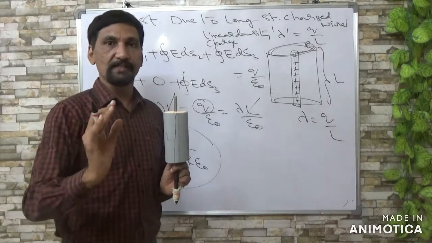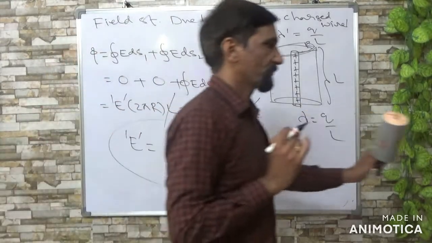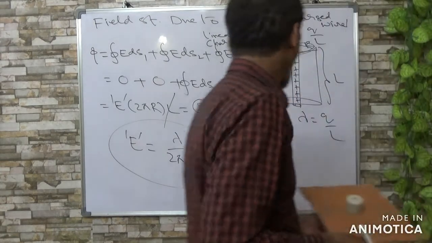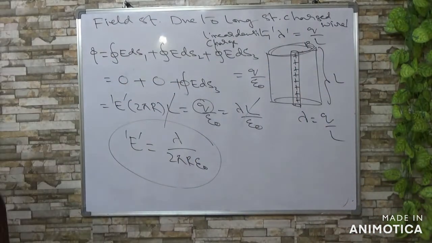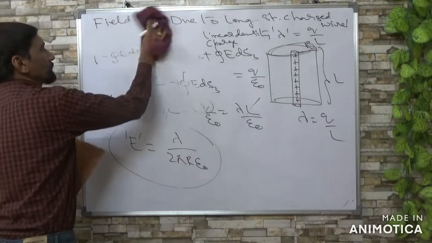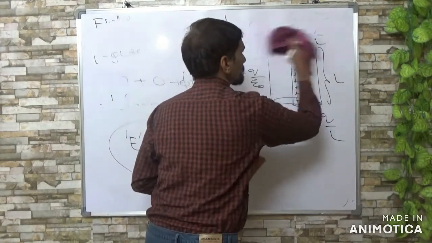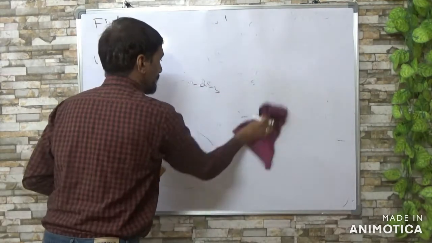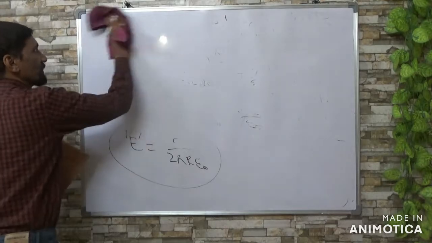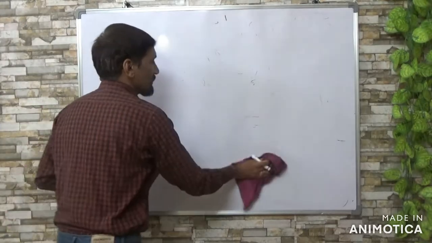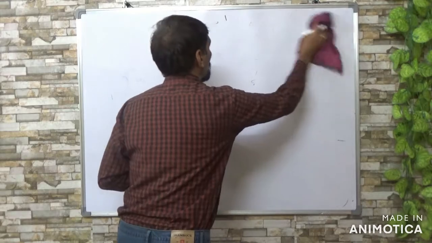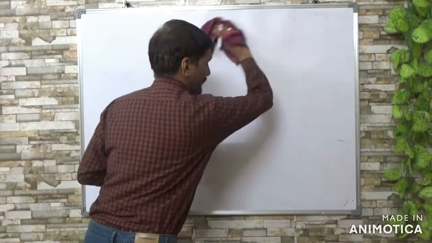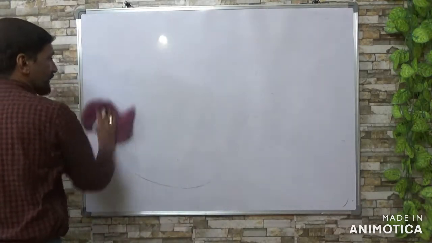Now we'll discuss the second one. Now we are considering an infinitely charged sheet. So there is one charge sheet, and we want to find the field strength due to this charged sheet.